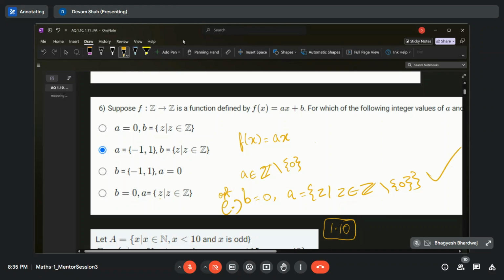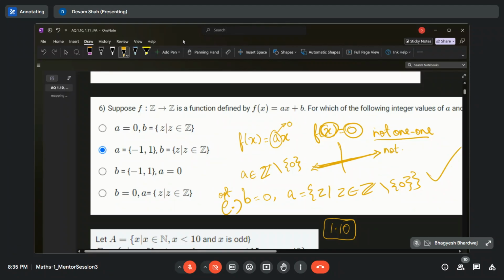But this is not correct because when a is equal to 0, then f of x would always be 0, which is the x-axis itself, the plot. It is horizontal. And if it is horizontal, every input will give only one output. So it is not one-one, right?